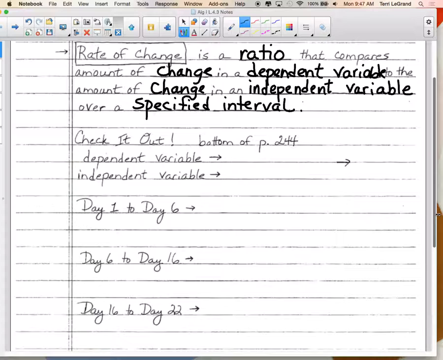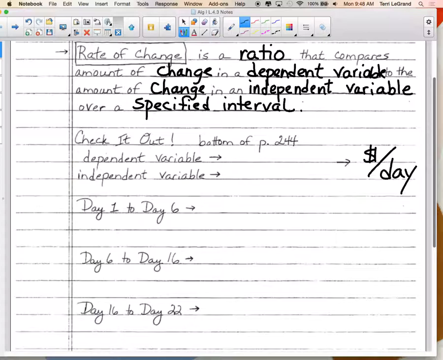So does it make more sense to say days per dollar? When we divide it out, would it make more sense to say how many days per $1? Or would it make more sense to say how many dollars per 1 day? Yeah, it makes more sense to say dollars per day. So let's put that over here. Dollars per day makes more sense. So we have to decide that first.